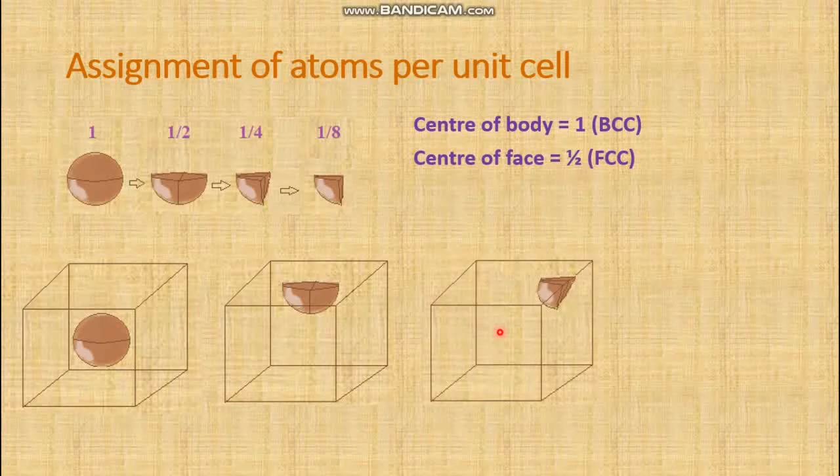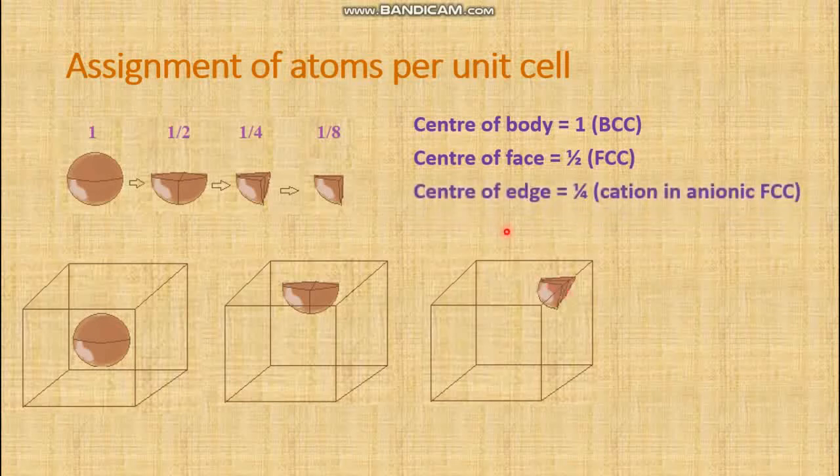If somehow it is in the center of the edge, then 1/4 of it is inside and 3/4 is outside. So in the center of the edge, 1/4 is assigned inside. These types of examples are found in the case of cations in an anionic face-centered cube, for example NaCl.